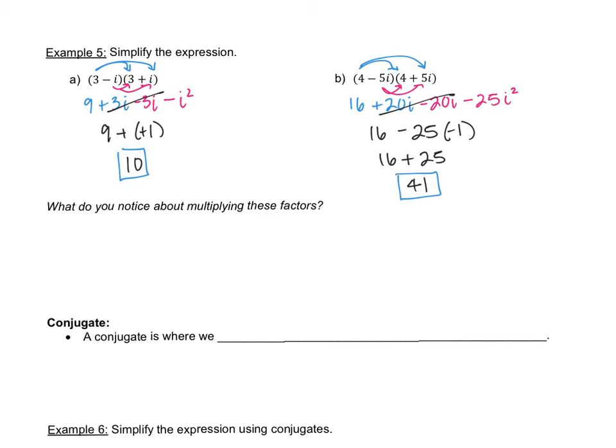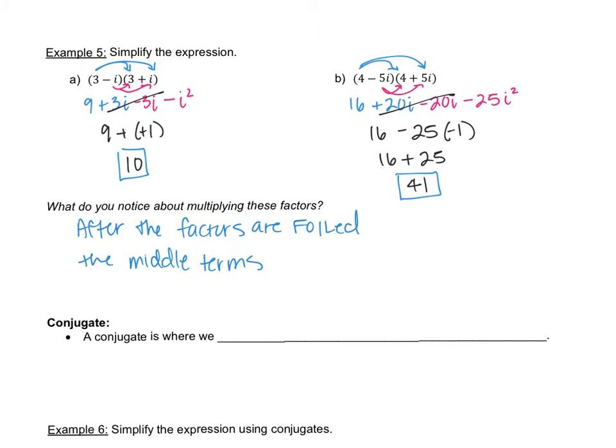And so what I can write here is after the factors are FOILed or multiplied, the middle terms always cancel. And this is significant. Why do I care about the middle terms canceling out?